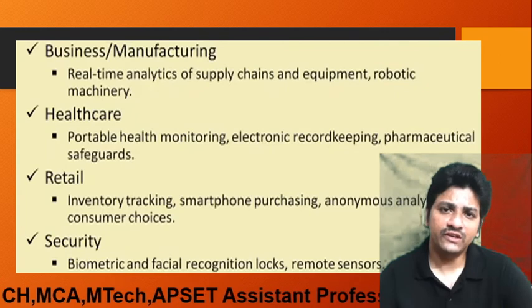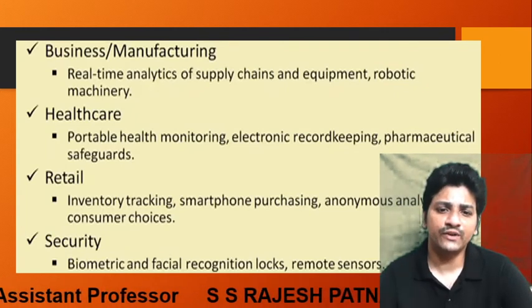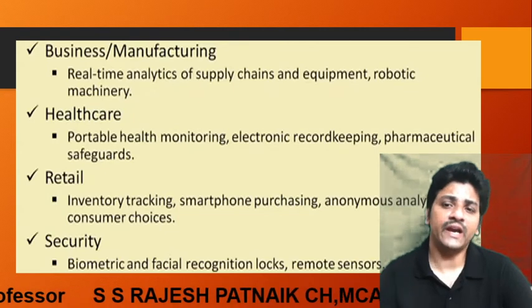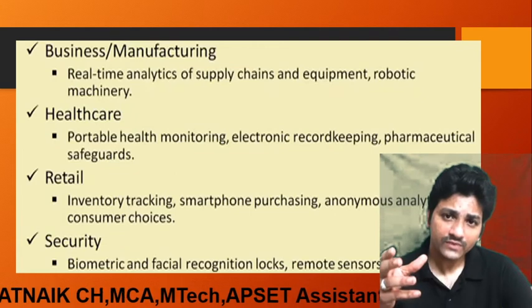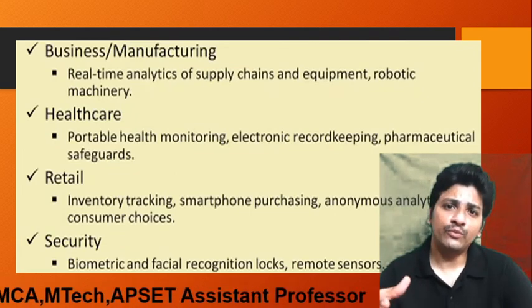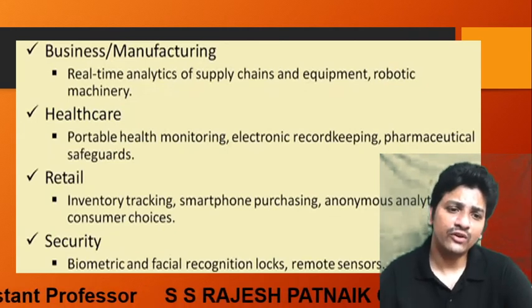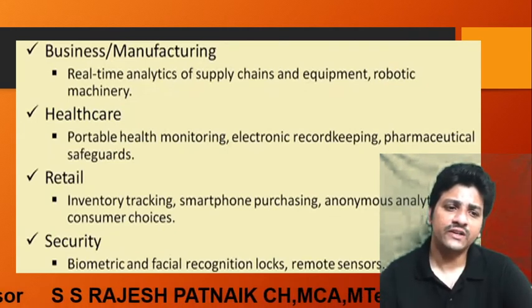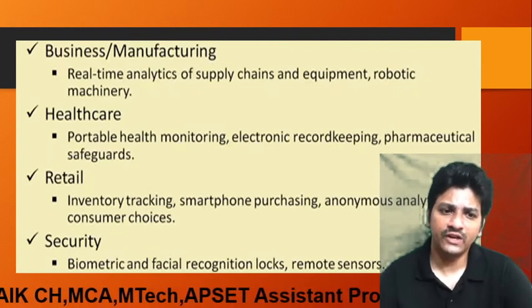Through a wireless communication channel, we can control those devices. You can automatically analyze how many products were manufactured and how many products failed. All these things are done automatically in manufacturing and business industries through IoT devices.